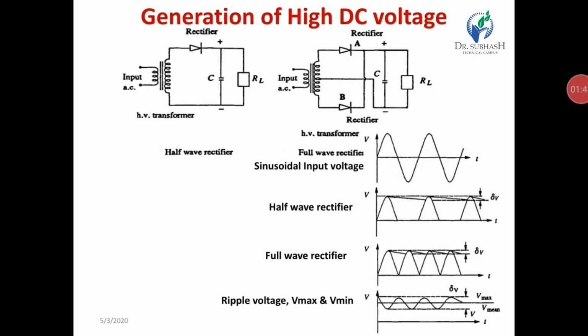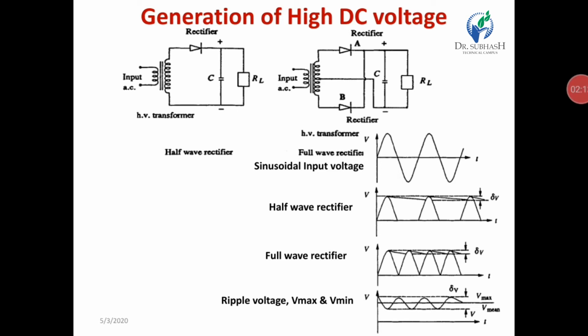Now in a half wave rectifier we can see one diode, input transformer, one capacitor and RL, which means load resistance. The working of a half wave rectifier is very simple. Input given is an AC wave. In a sinusoidal waveform, in one cycle there are two half cycles, one positive half cycle and one negative half cycle.